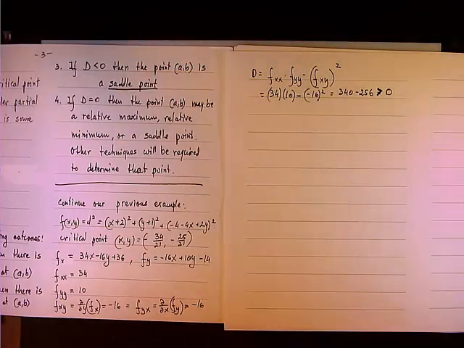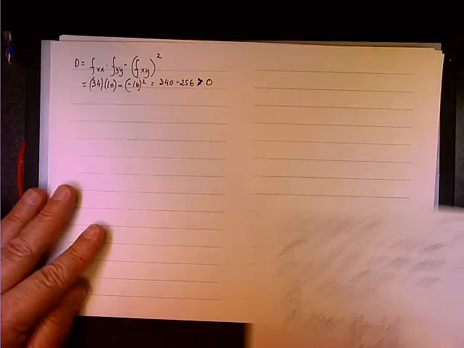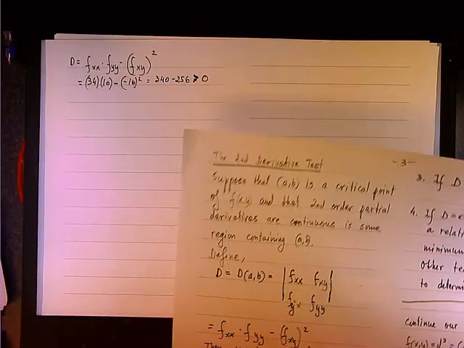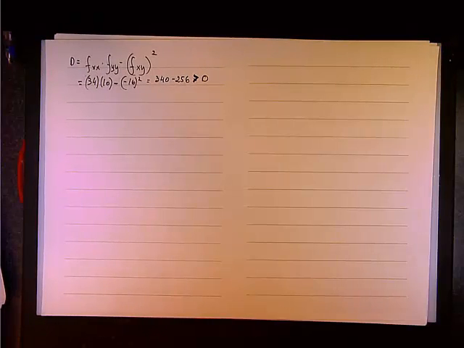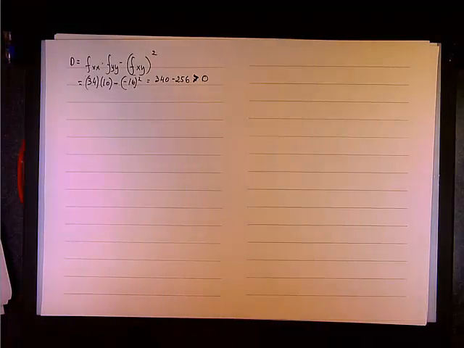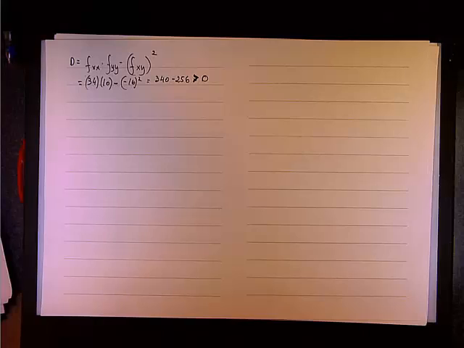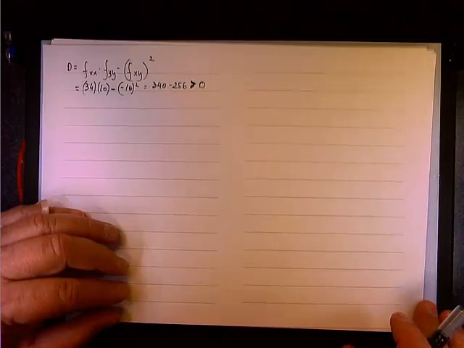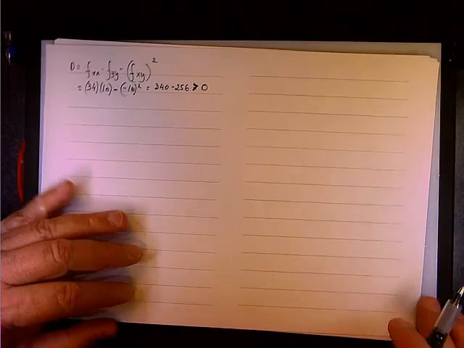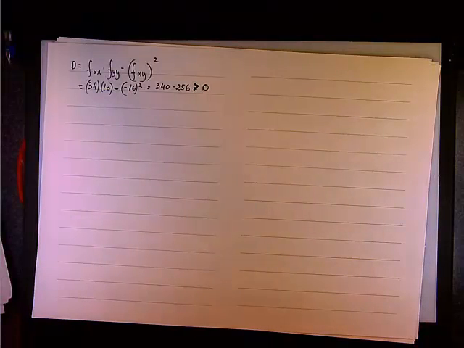So we have 340 minus 256. So it's positive. We don't care what it's equal to as long as it's positive. All right, so what's the conclusion? We have a positive determinant, and f yy is negative, isn't it? So we have condition 2.